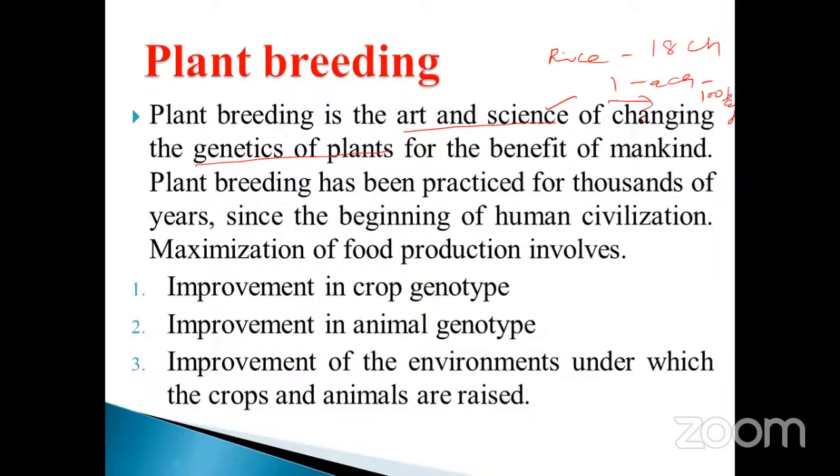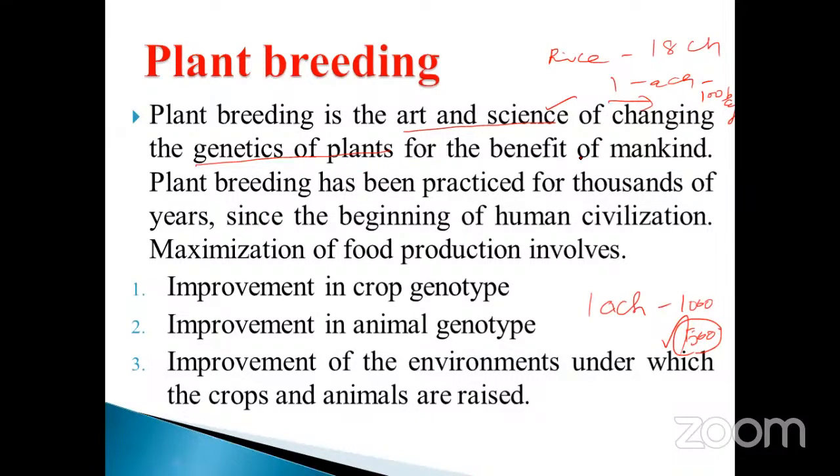Suppose with hybridization plant breeding, new varieties were discovered, so how much would one acre give? 1,000 bags or 500 bags. So it is the fulfillment of the research. This is very, very important.